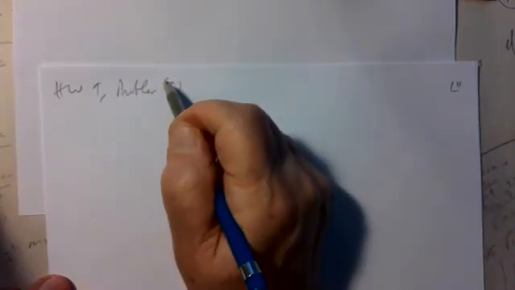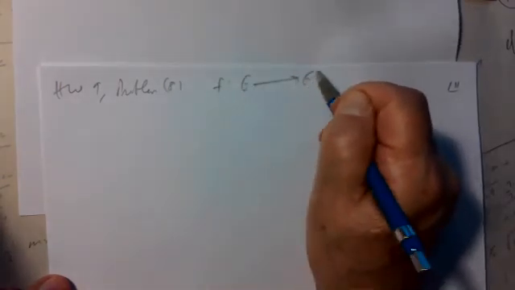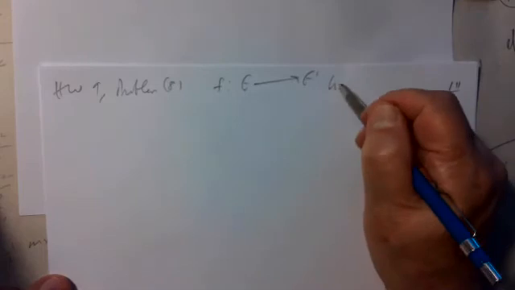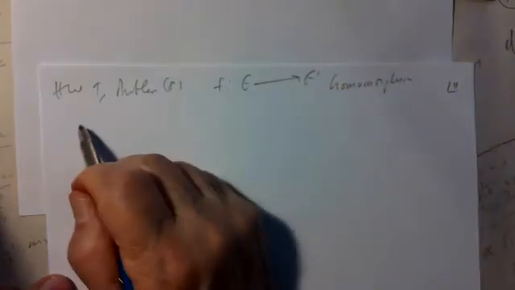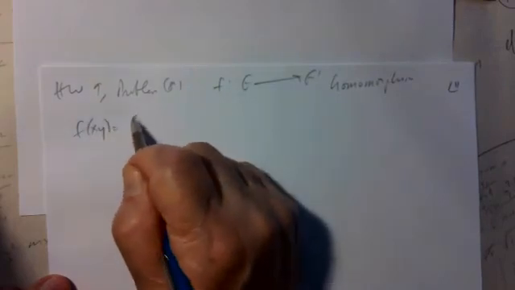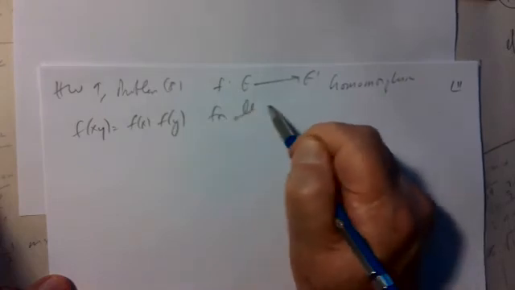So in problem 8, we have a homomorphism from the group G to G prime. This is a group homomorphism. That means, again, f of x y is f of x times f of y for all x and y in the group.